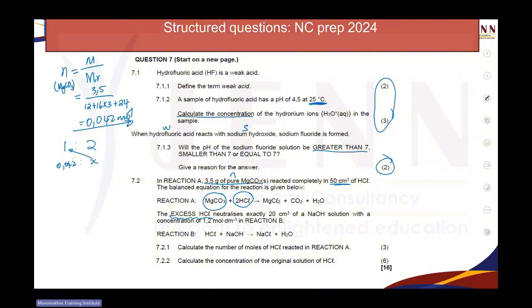Then I cross multiply, and number of moles of HCl will be equal to 0,042 times 2, and I get the number of moles of HCl that reacted to be 0,084 moles. So I would have managed to get 3 marks here.